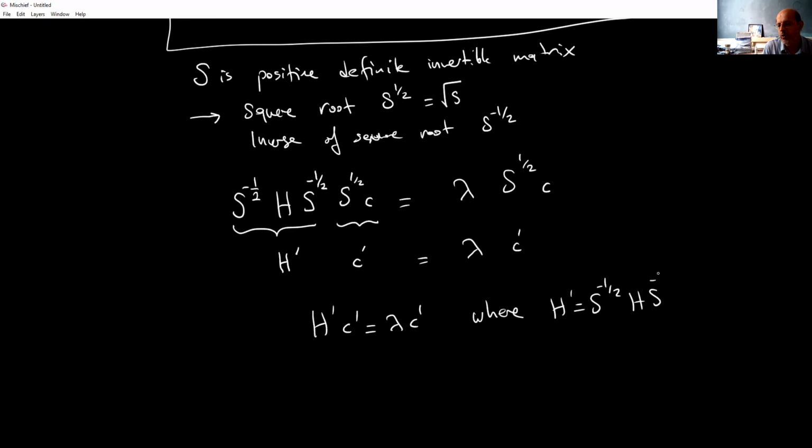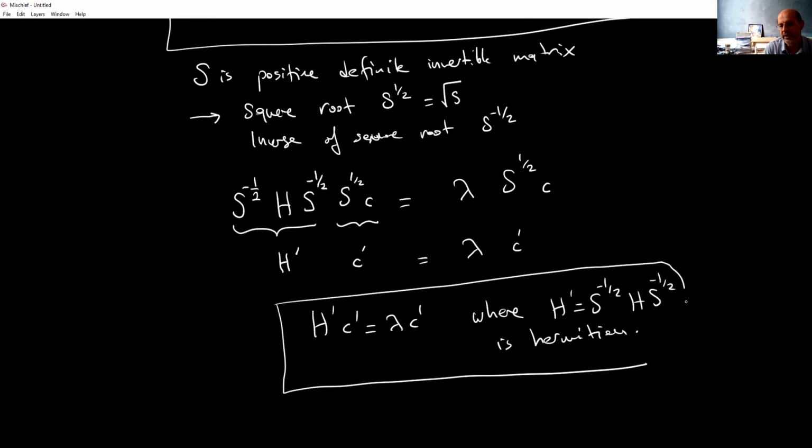This is the problem with the overlap matrix in here. If it is not identity, then you have to do this calculation in here. This is Hermitian. So as a result, you can convert this problem into this problem in here, where you still have to find the eigenvalues of that problem.